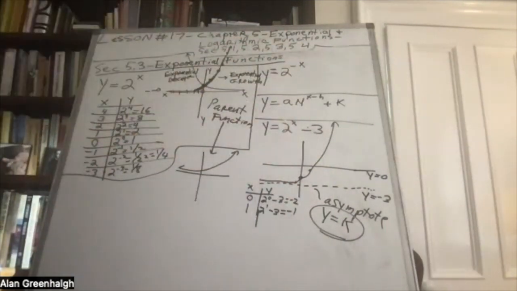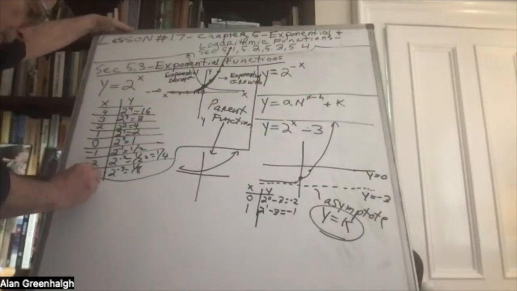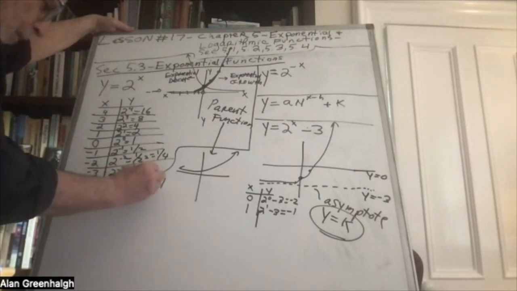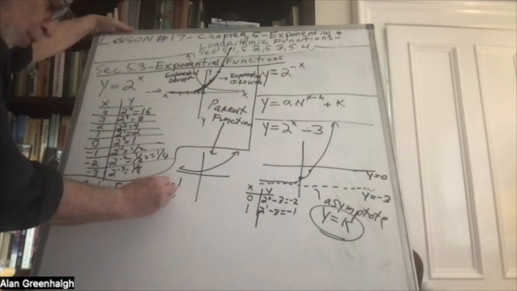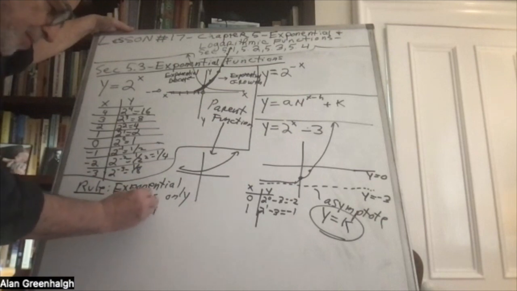But it only has, and I should write this as a rule: as a rule, exponential graphs only have horizontal asymptotes.